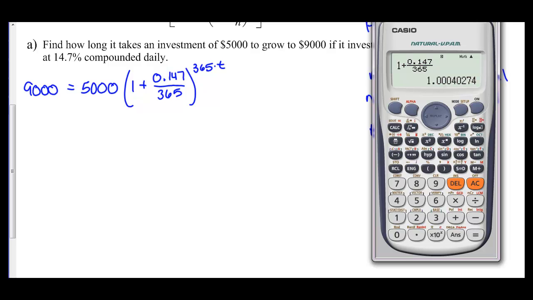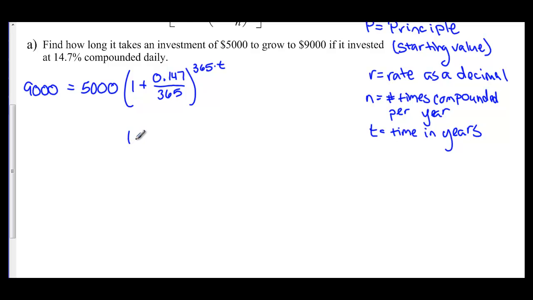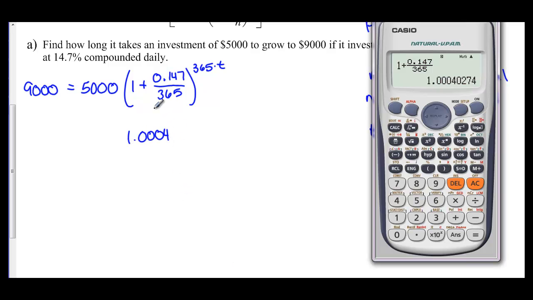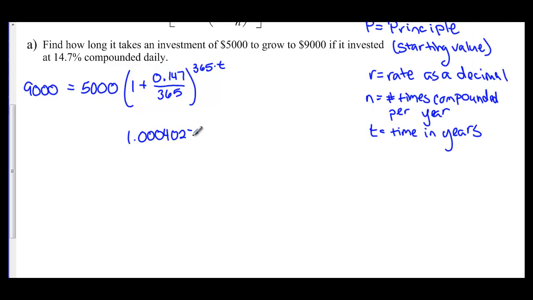So it's going to be the same as 1.000400274, and that's to the power of 365t. And again, we've got that 9,000 equals 5,000 times that. So we're going to divide first.